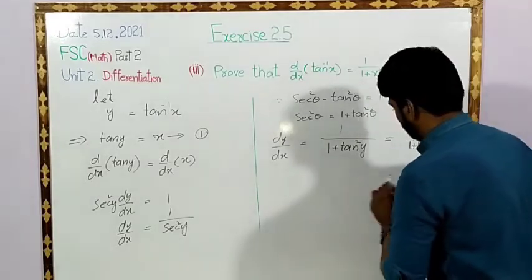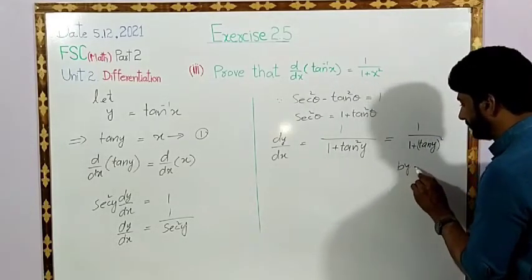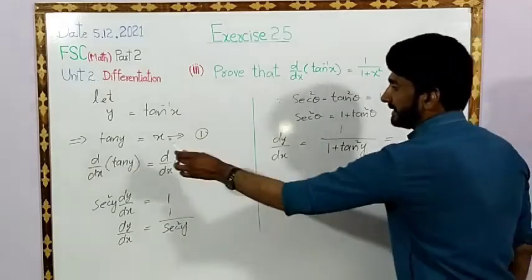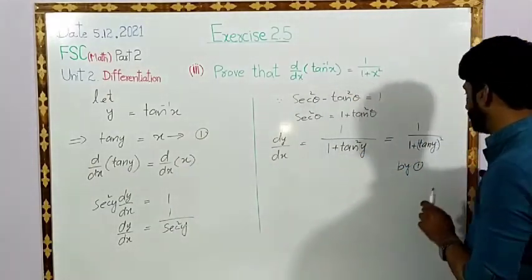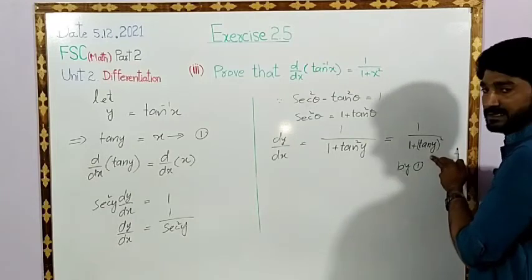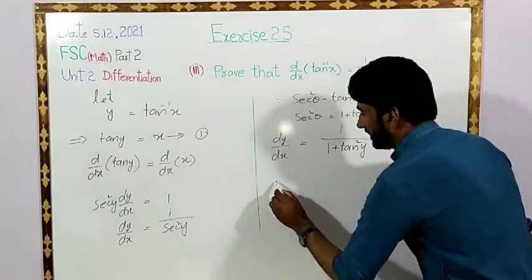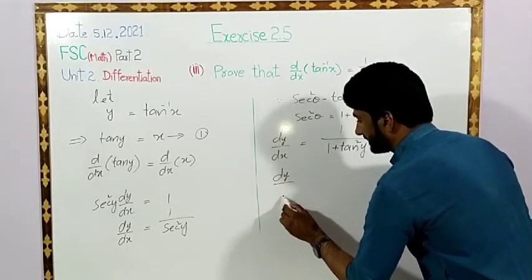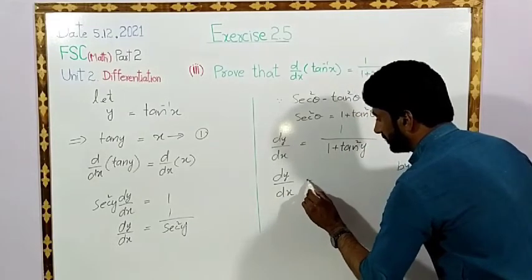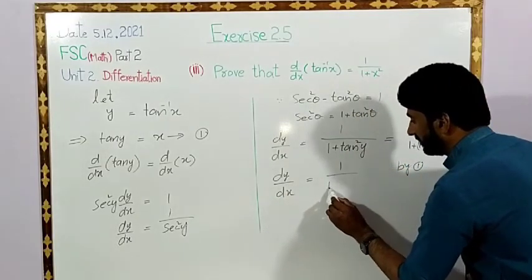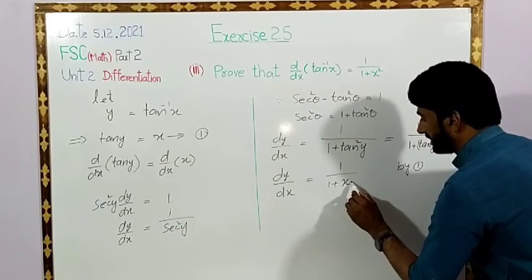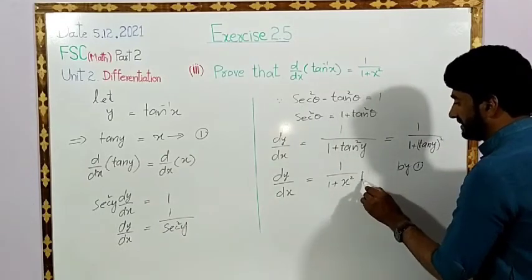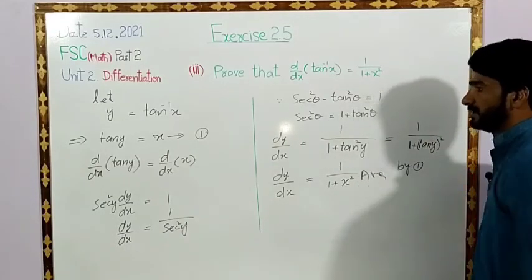Now by equation 1, tan y is equal to x, so we replace tan y with x. So finally dy over dx is equal to 1 over 1 plus x square, and this is the final result. Note this.